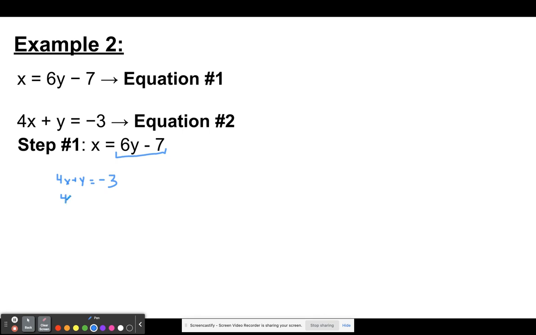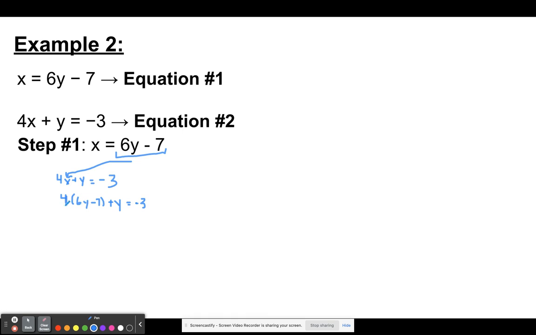That's going to give me 4, and then instead of writing x, remember I'm replacing that with 6y minus 7. And then plus y is equal to negative 3.